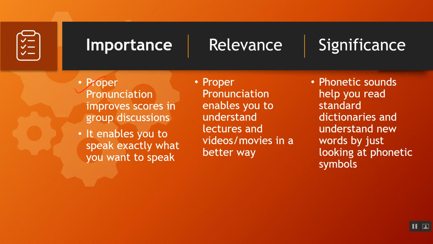It enables you to speak exactly what you want to speak. Proper pronunciation enables you to understand lectures, videos, or movies in a better way. Phonetic sounds help you read standard dictionaries and understand new words by just looking at phonetic symbols.